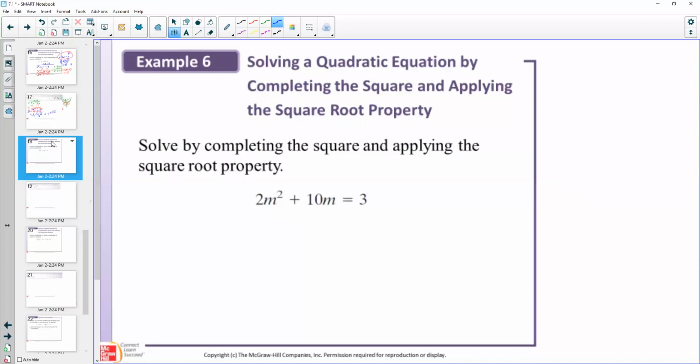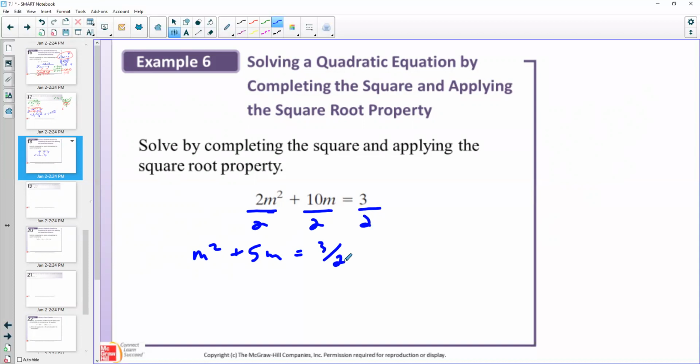All right. This is an example where there's a coefficient in front of m squared. We have to deal with that first. So what we are going to do is just divide through by it. Divide by 2, divide by 2, divide by 2. You have to divide every term by 2. So I get m squared plus 5m equals 3 halves. Don't let the 3 halves freak you out. It's okay.